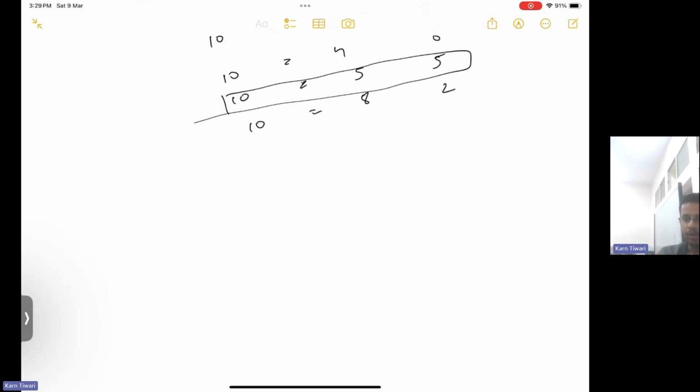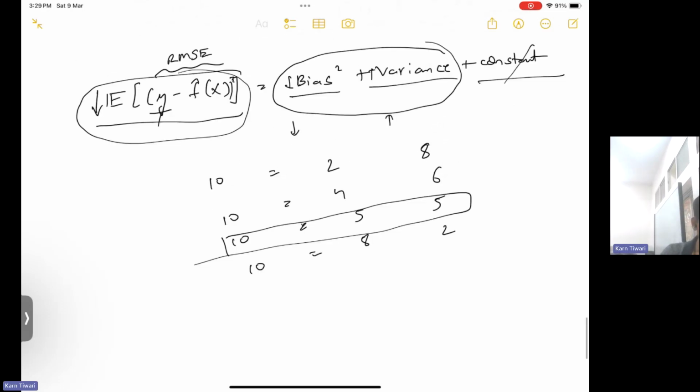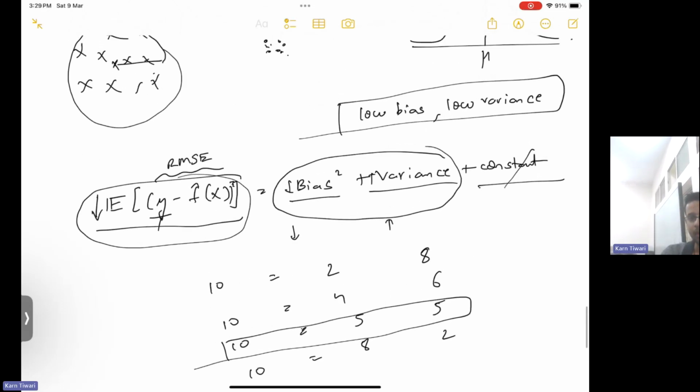So the techniques you saw, dropout, ensembling, regularization, data augmentation, adding noise, all of this is about control, in the sense that we want to control the bias and variance of our model.